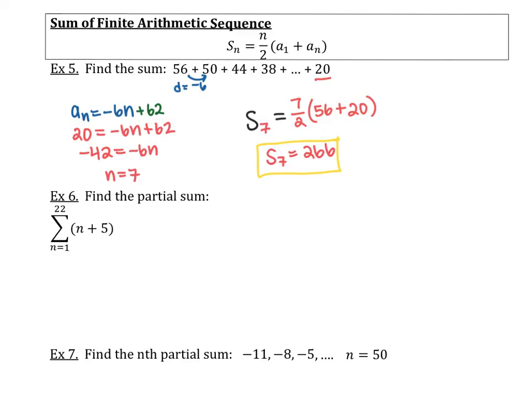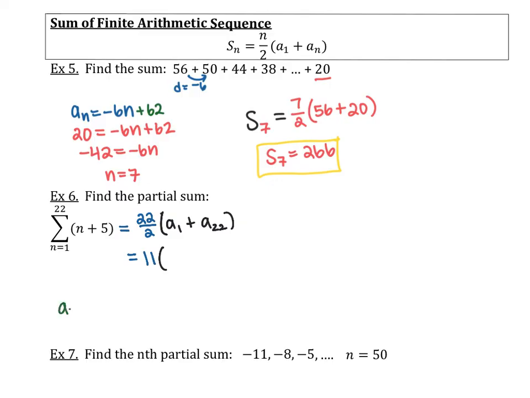Okay, I'm going to try to do the formula again. According to the formula, it's n over 2, and then I want to add the first term plus the 22nd term. They didn't give me the first and 22nd term, but they gave me the formula, so I can use the formula to find them. So 11 times, what formula?